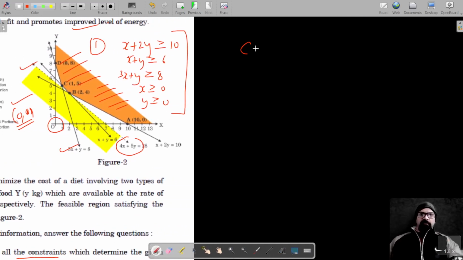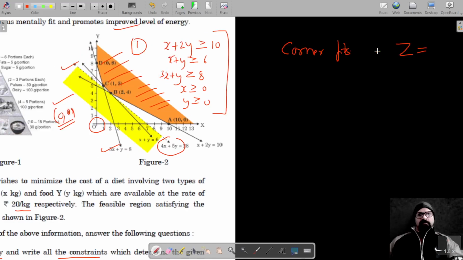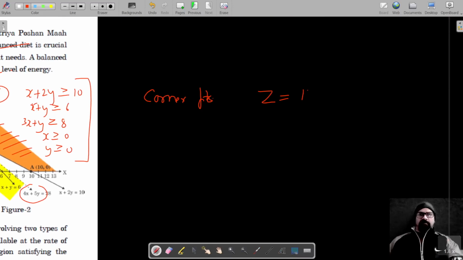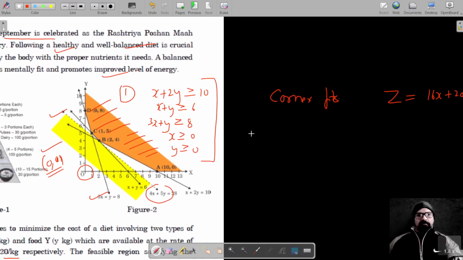So let's get our corner points first. For that, we'll find the objective Z, which is 16x plus 20y. Our first corner point is A, which is 10 comma 0.